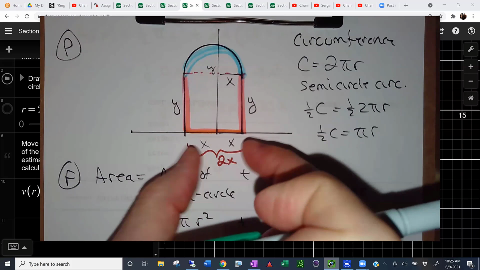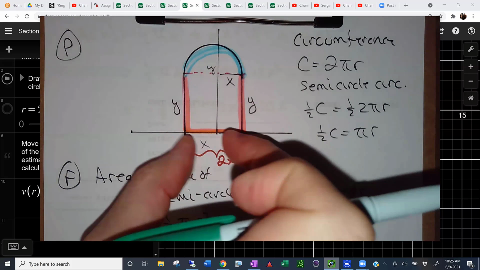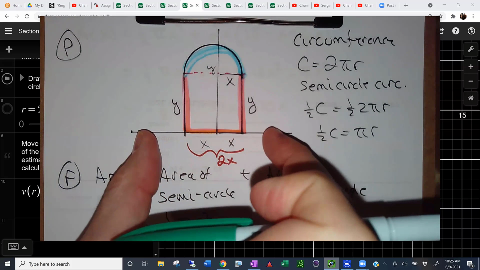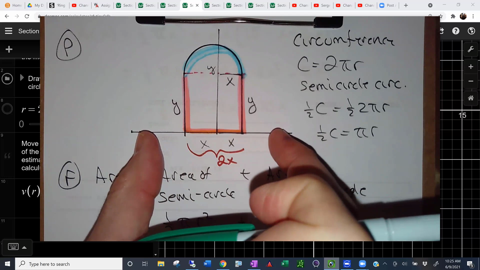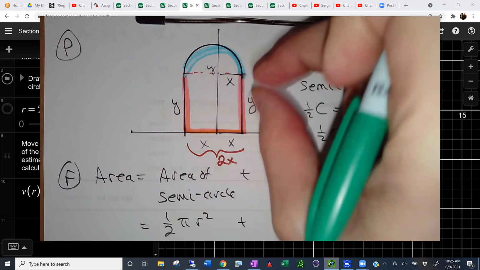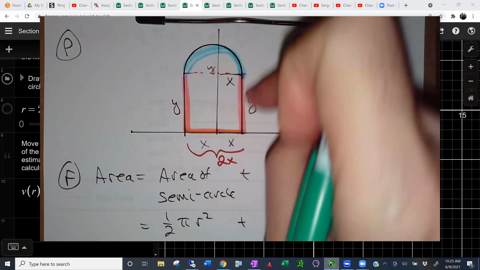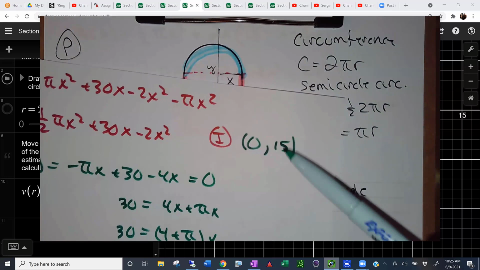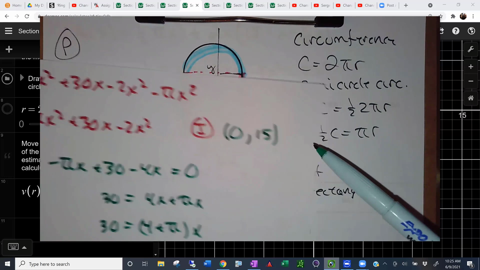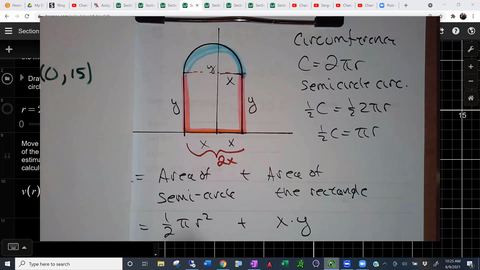And if I used everything in just the bottom, then the widest this could be would be twice x, 2x. That's not even accounting for the semicircle at the top. So I have somewhere less than 15. I don't want to overcomplicate this and try and find a precise limit on that. I just took a simple approach to say, all right, the most it could be is 15.